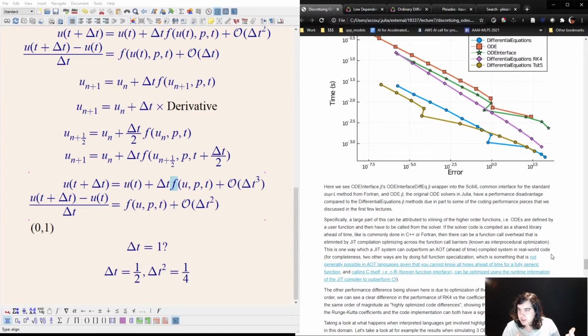And if that's the case, it cannot compile per each ODE to do extra interprocedural optimizations. So this is actually one funny case where JIT compiled languages can have a performance advantage over ahead of time compiled languages.